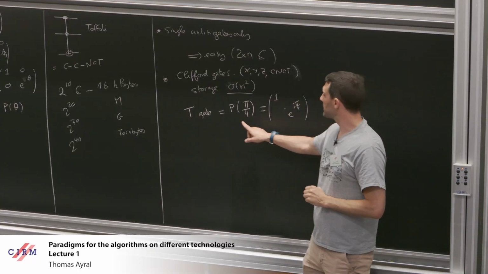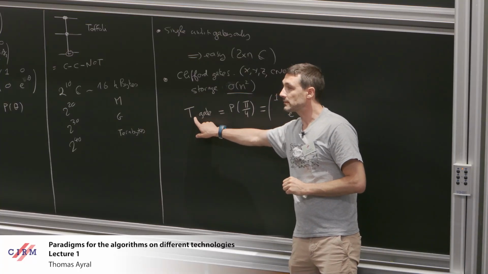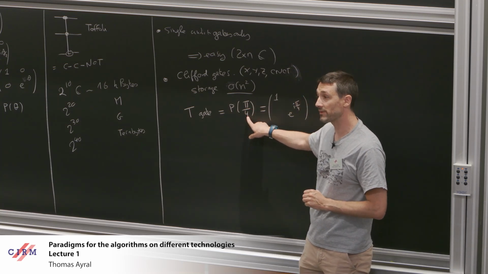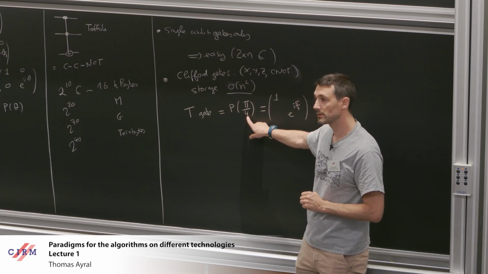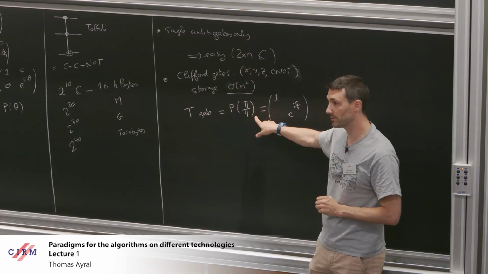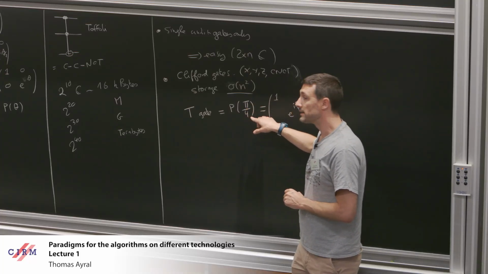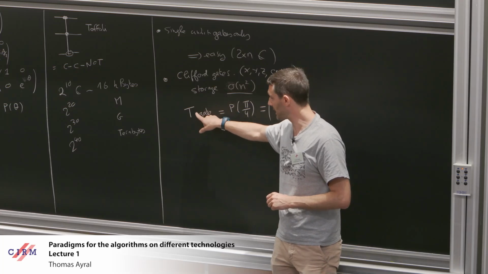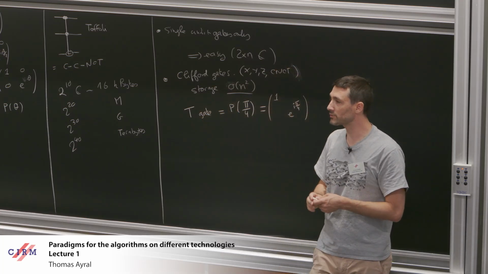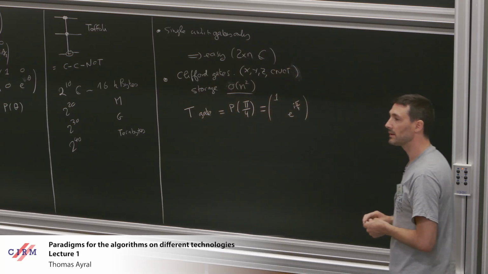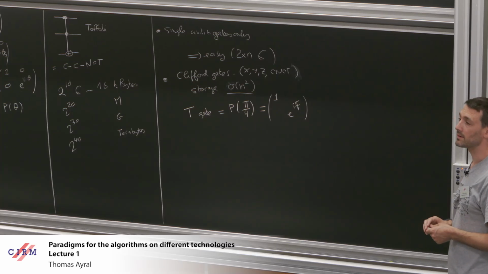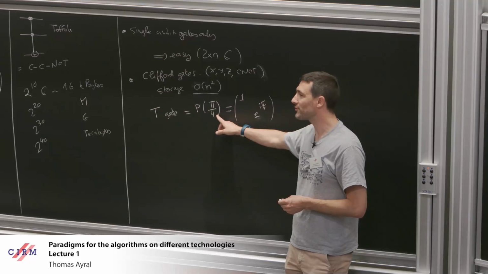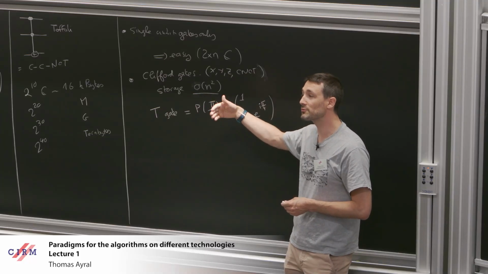So the T gate is essentially a z rotation of angle quarter pi. So it's not a multiple of pi over 2. Then it's enough to have Clifford gates and a polynomial number of T gates to do any single qubit rotation and therefore also any unitary. Okay?